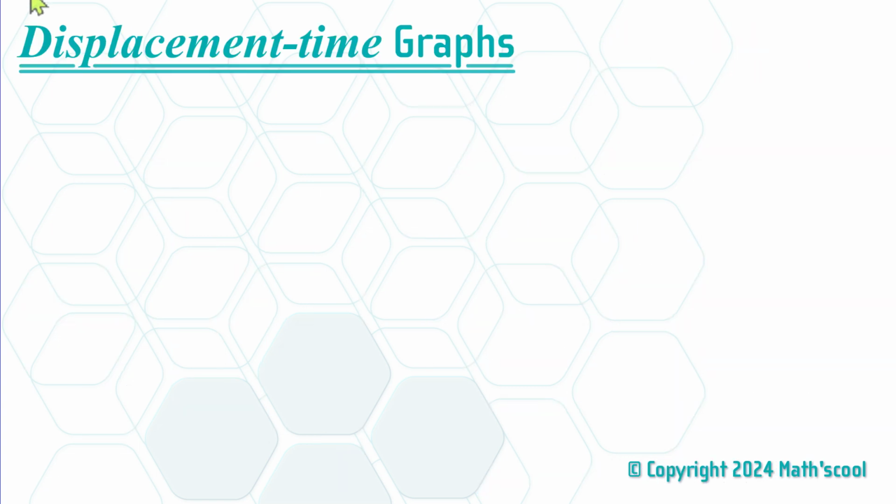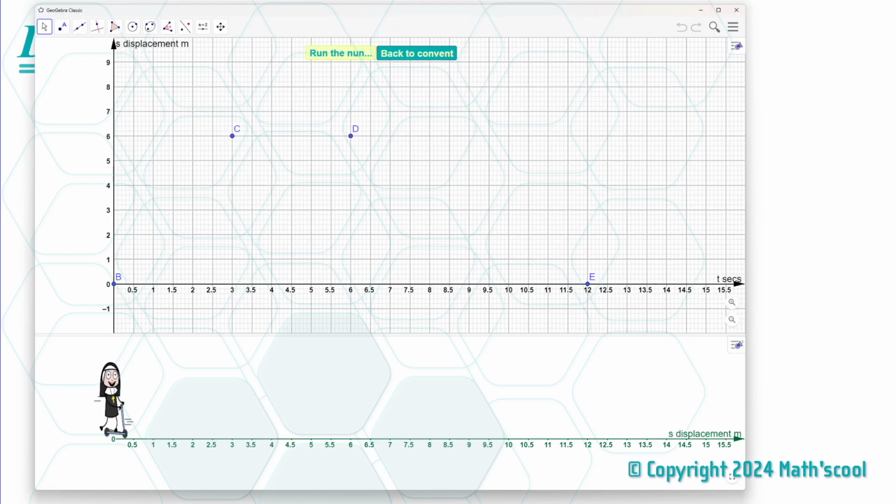Okay, so now we're going to look at some displacement time graphs, and we're going to investigate. So we'll do that using GeoGebra. What I've got is a nun on a scooter, and it says here run the nun. I've placed some points here to set it up first of all. So let's click on run the nun.